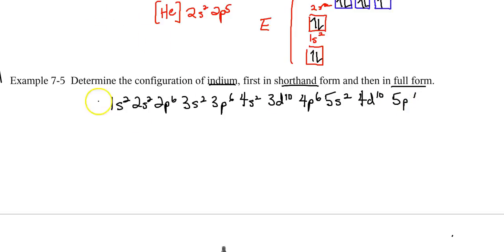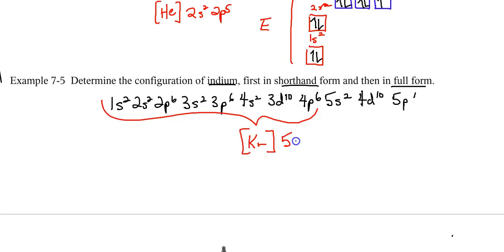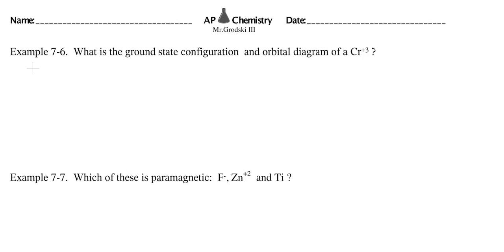However, as we just said, all of this up to 4p6 is krypton, so Kr, and then 5s2, 4d10, 5p1. Good times.